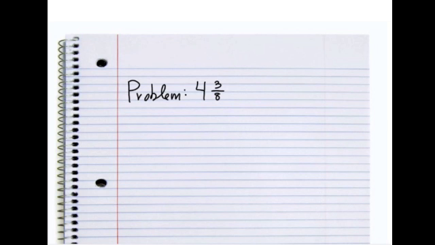Step 1 is to turn the mixed number into an improper fraction. Of course, this is only the case if you are given a mixed number. If you're given a solid fraction, then step 1 is not necessary.